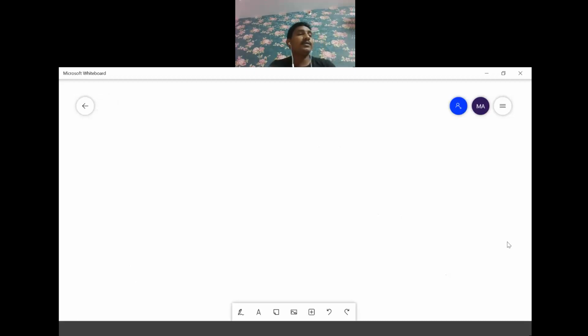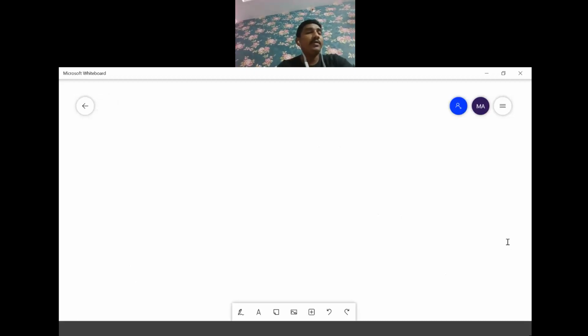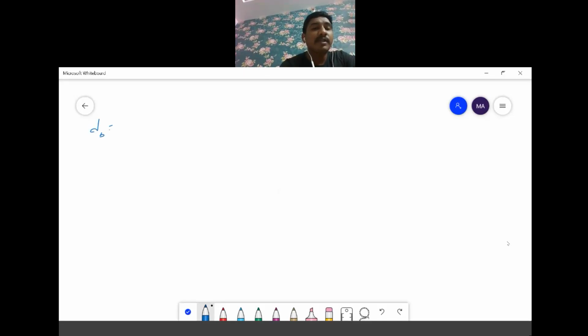In the next problem, he has given a frustum of a cone of bottom diameter 40 mm. Here all dimensions are in mm only.